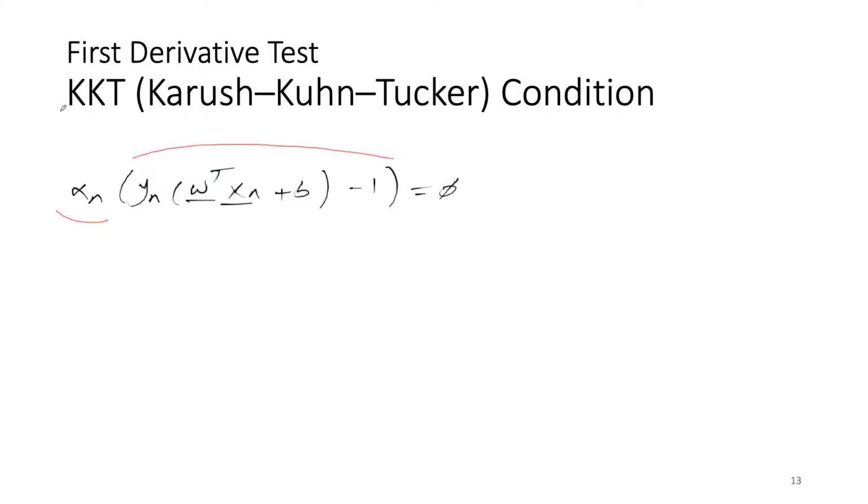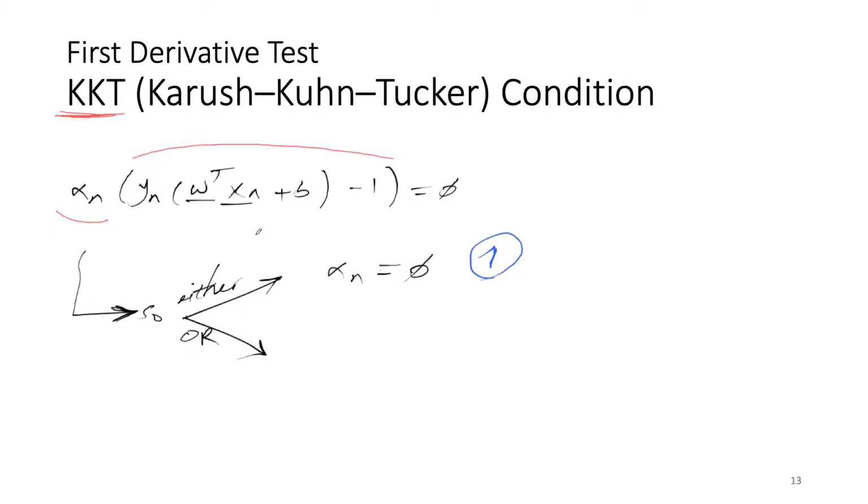Using the KKT condition, it's intuitive that when this product is 0, either the first one, alpha, is 0, or if it wasn't 0, the second portion of the formula would be 0.